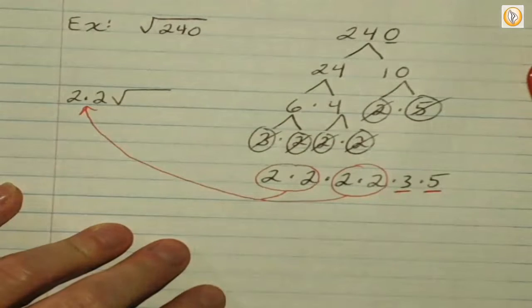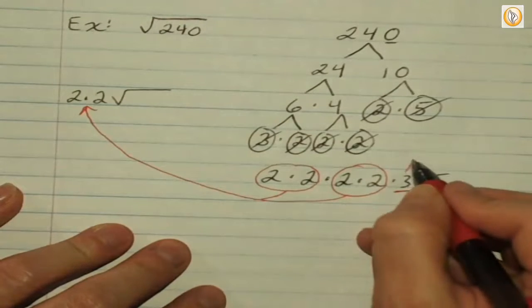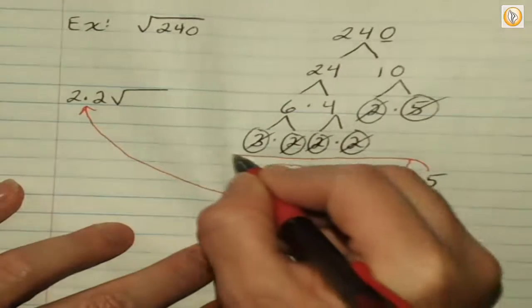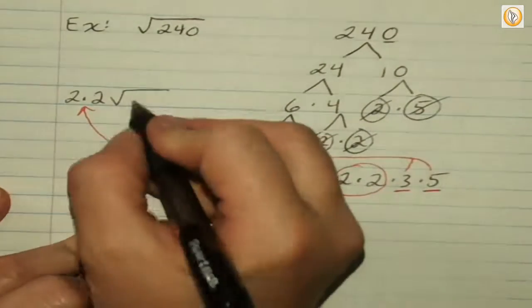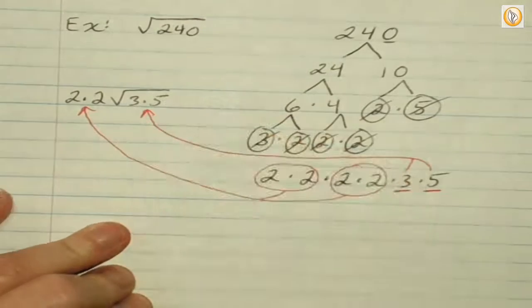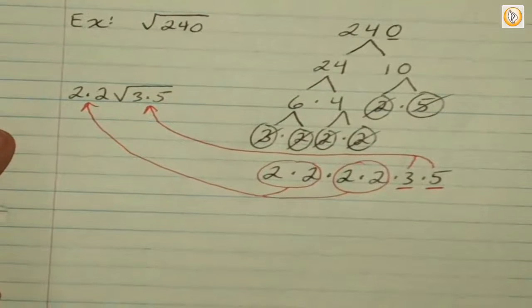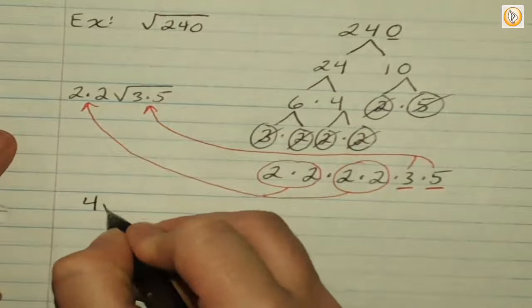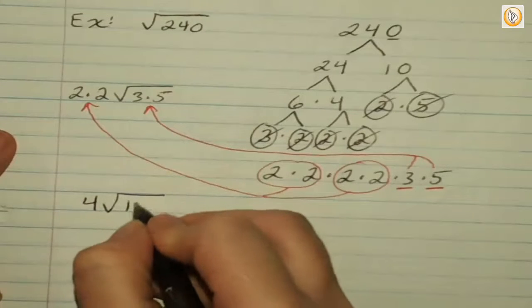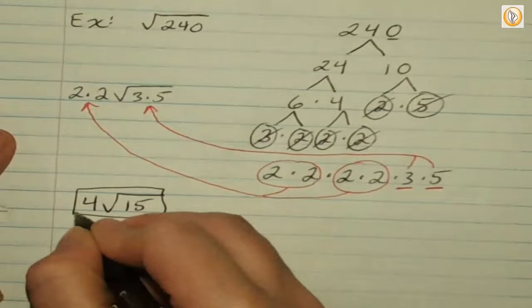Do y'all see that? And then my 2 leftovers go on the inside. That would be 3 times 5. And just like in steps 3 and 4, you multiply. 2 times 2 is 4. 3 times 5 is 15. And there's my answer.